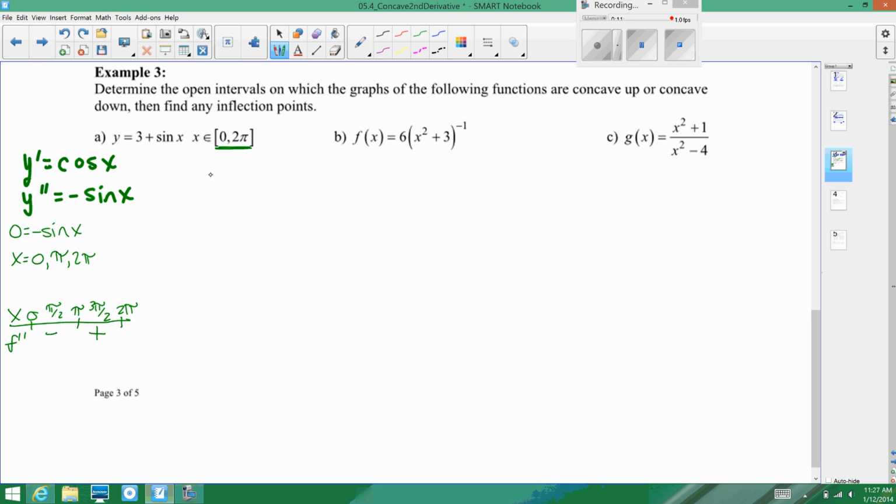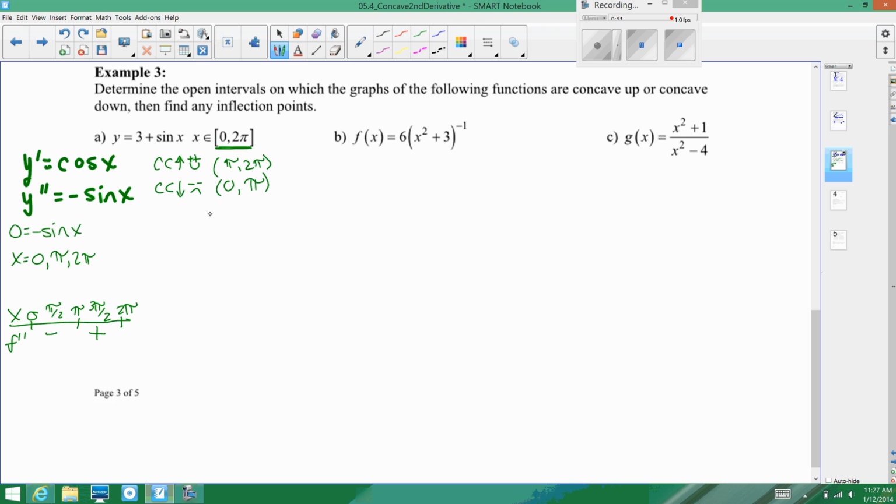So then our graph is concave up. Okay, remember, like a cup, we get our plus signs, concave up like a cup, on the interval from pi to 2 pi, and it's concave down, okay, like a frown, from 0 to pi.